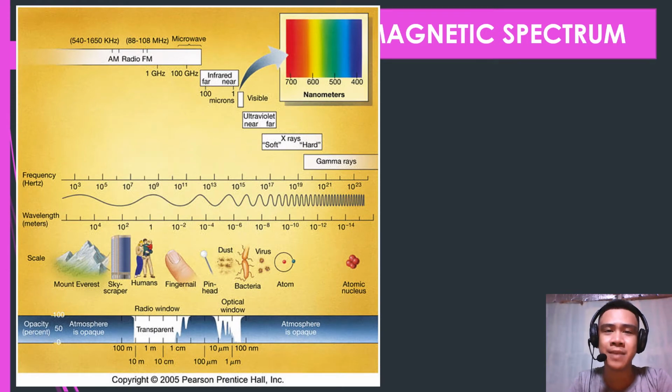So the electromagnetic spectrum is a range of all types of EM radiation. When we say radiation, it is energy that travels and spreads out as it goes. The visible light that comes from a lamp in our house and the radio waves that come from a radio station are two types of electromagnetic radiation.